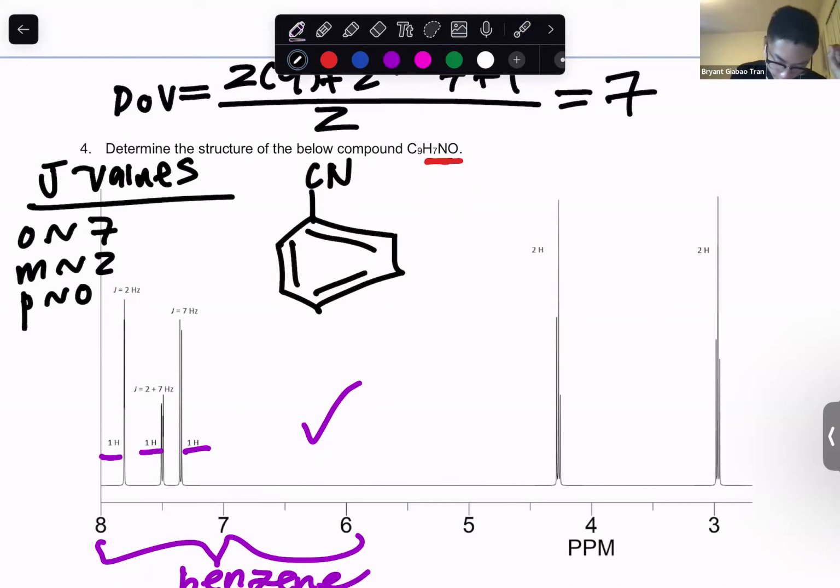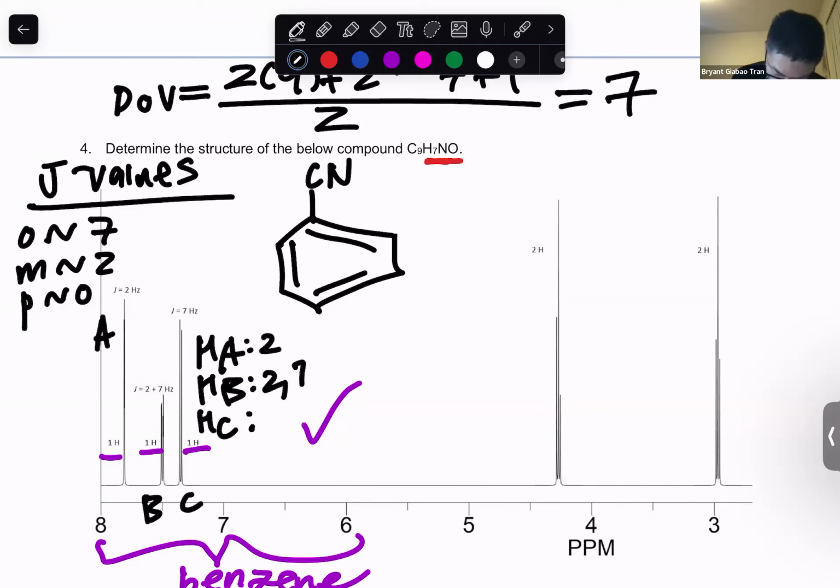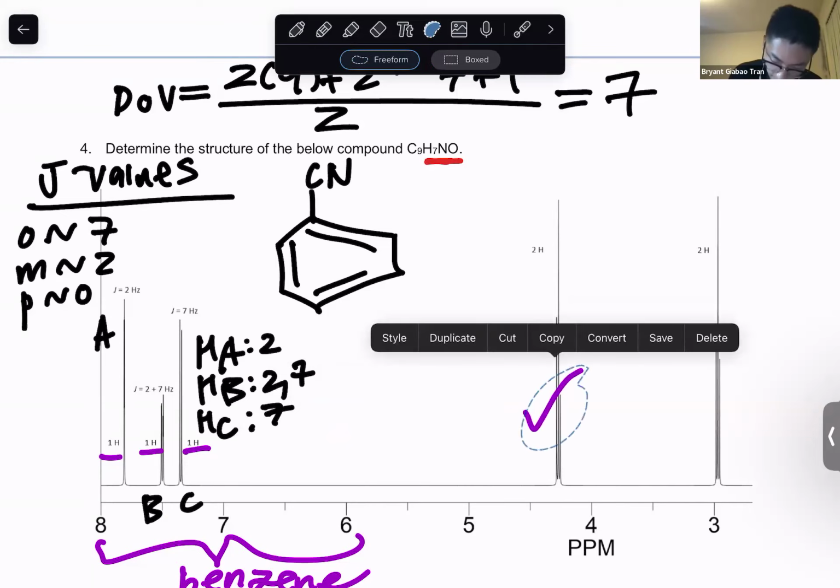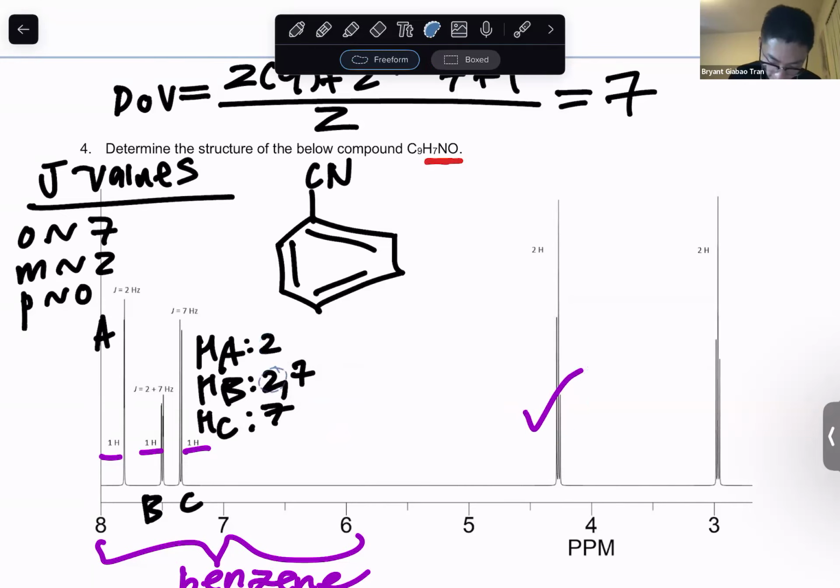Let's label those hydrogens A, B, and C. And I'm going to draw out the J values like this. A has 2, and then B has 2 and 7, and then C has 7, like that. Okay. We see A and B have matching J values of 2, which means that they are meta to each other.